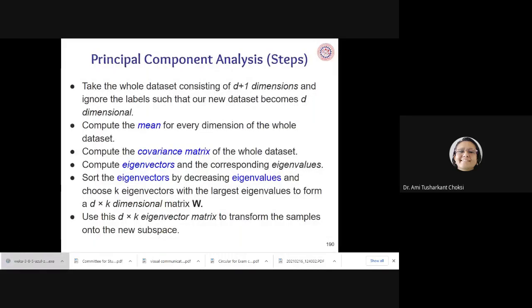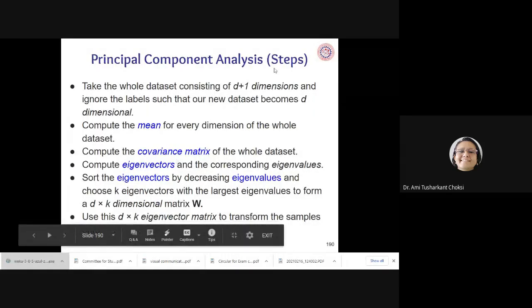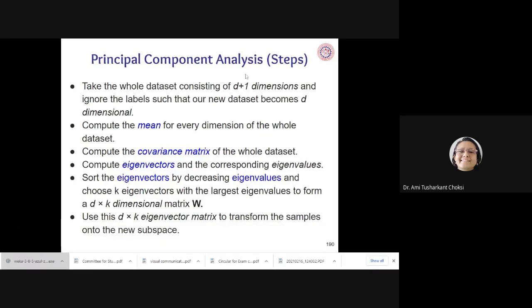So what are the steps of principal component analysis? Take the whole data set consisting of d plus 1 dimensions and ignore the labels, such that our new data set becomes d-dimensional.